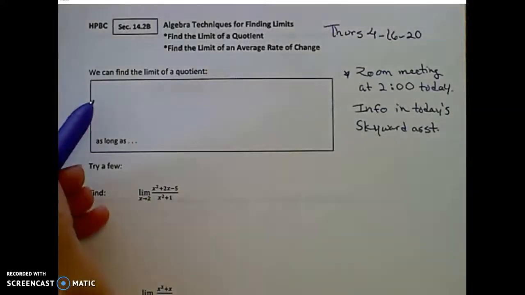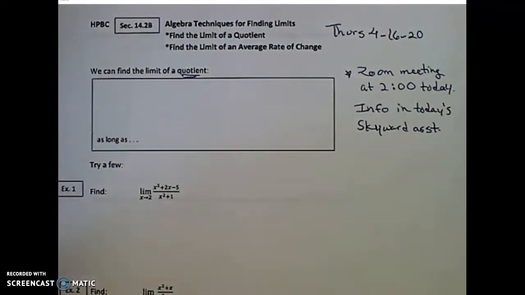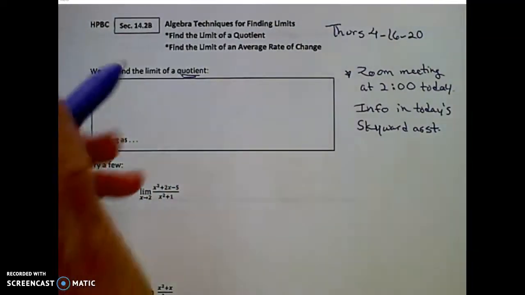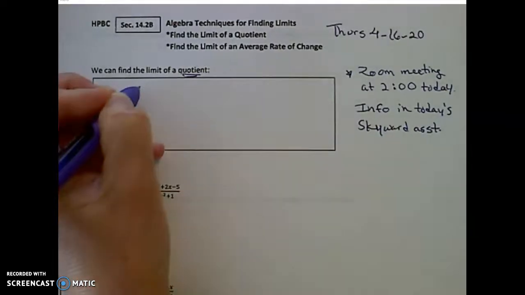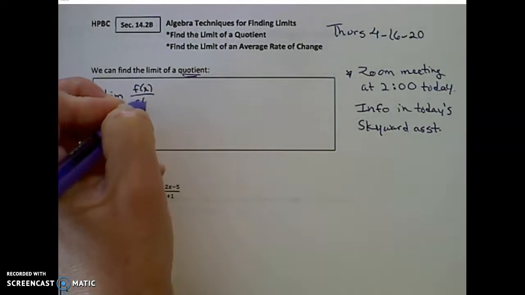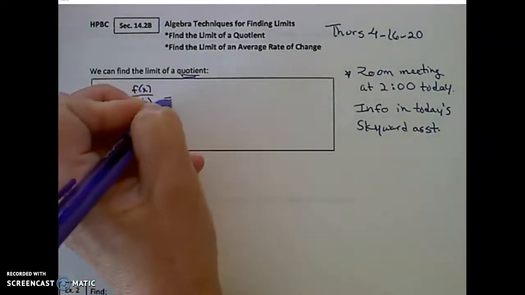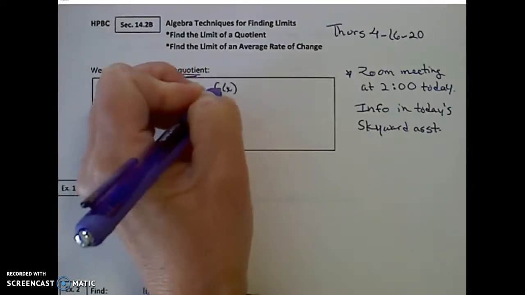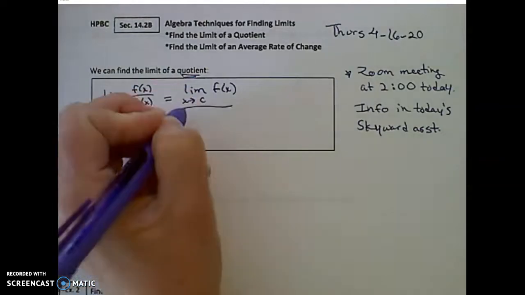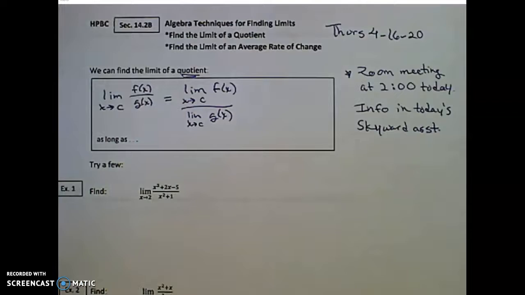Alrighty. Yesterday, Tuesday, we saw some algebraic properties of limits. I saved finding the limit of a quotient because if you remember, with division some strange things happen. This means I can find the limit as x approaches some constant c of a quotient of two functions, f of x divided by g of x, which is the same as the limit as x approaches c of f of x divided by the limit as x approaches c of g of x.